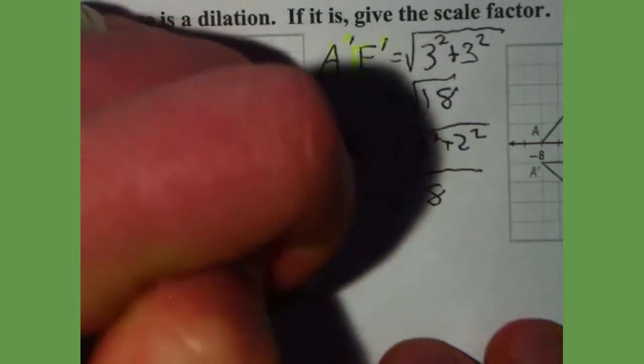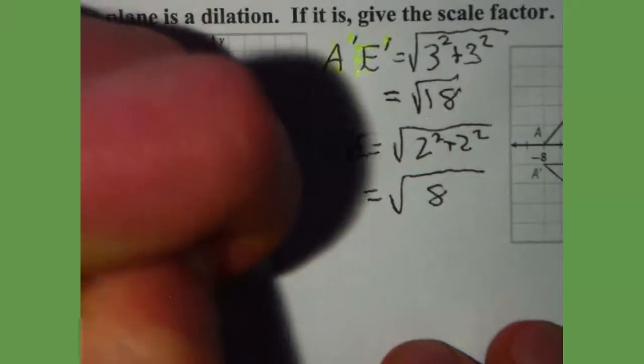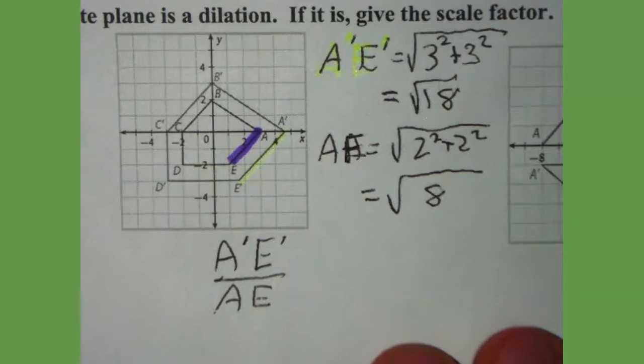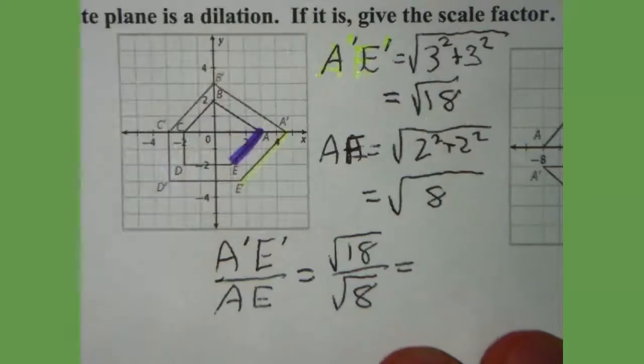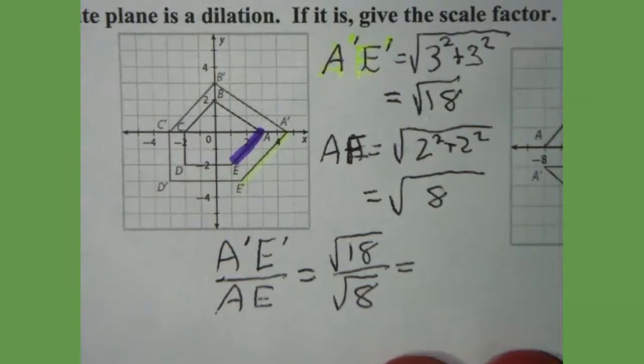And then we'll do a ratio here. AE prime over AE. Yep, good. Which is root 18 over root 8. Okay, and what does that equal? So 8 doesn't go into 18 evenly, right?